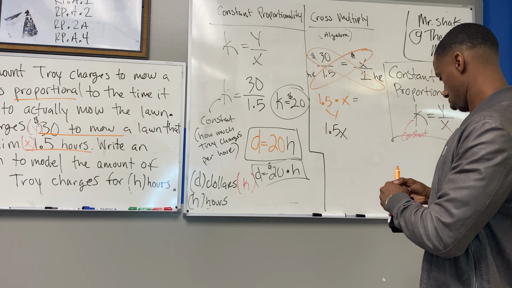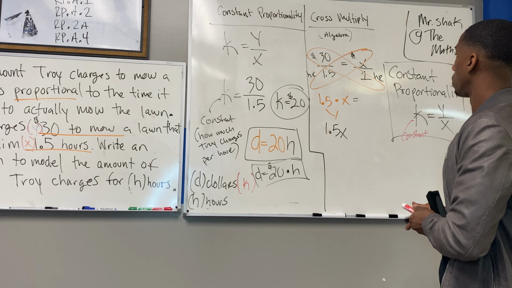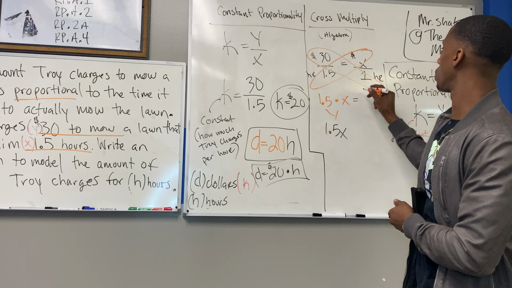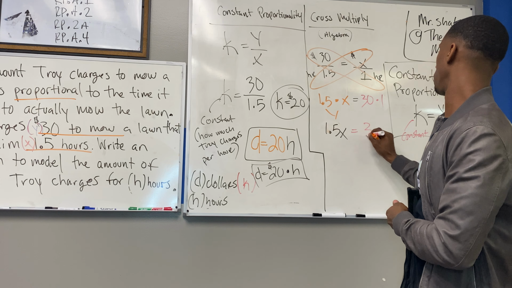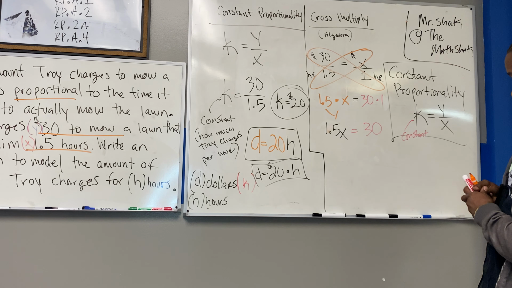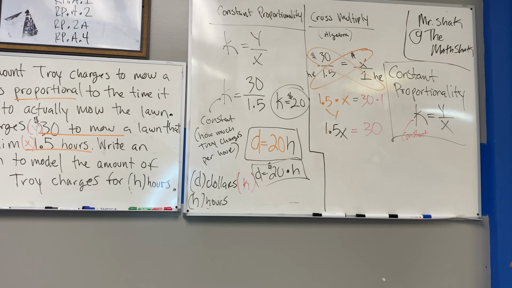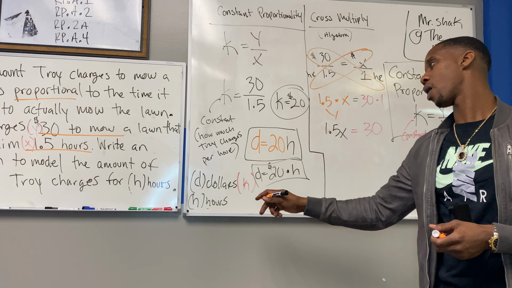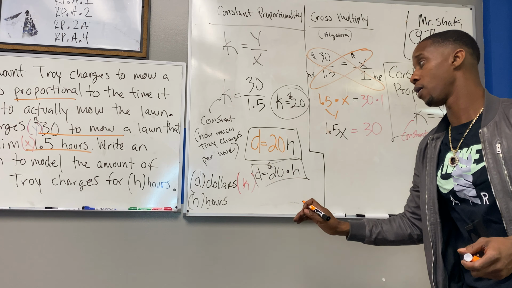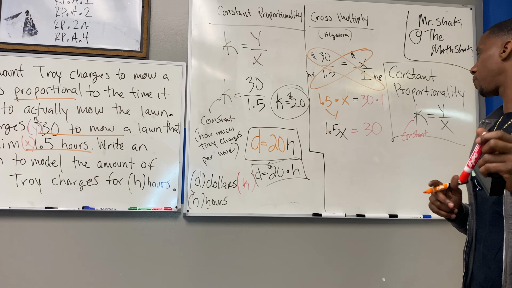And 1 times 30 is 30. And now I need to make the coefficient 1 because they want to know how much money Troy charges for 1 hour. And they don't use the word 1. So that is something that I want you to pay attention to.